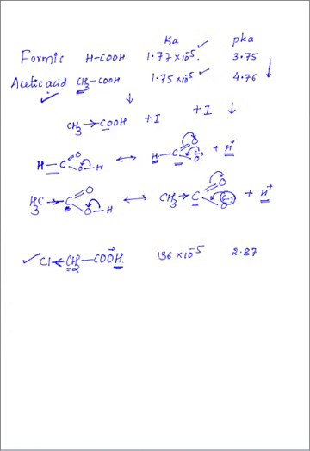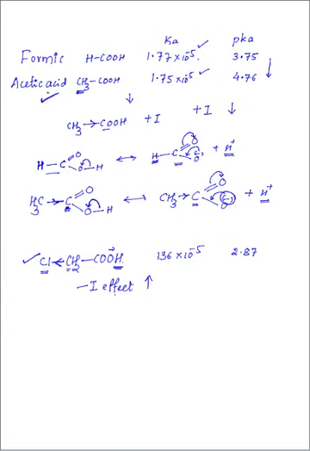That is because in the chloroacetic acid, the Cl group is an electron withdrawing group that exerts minus I effect. So the groups which show the negative inductive effect increase the acidity of carboxylic acid.